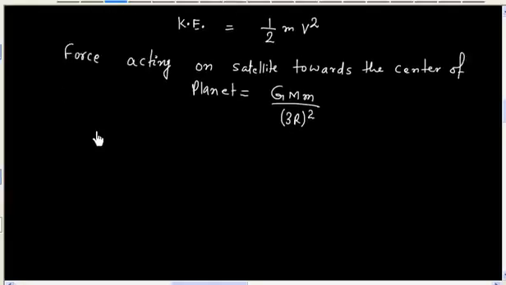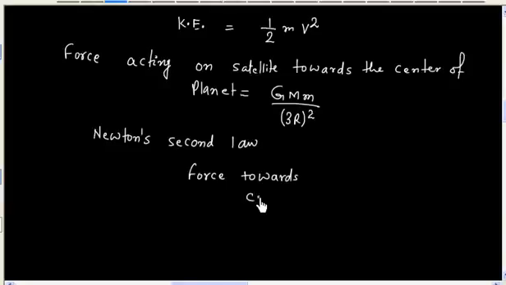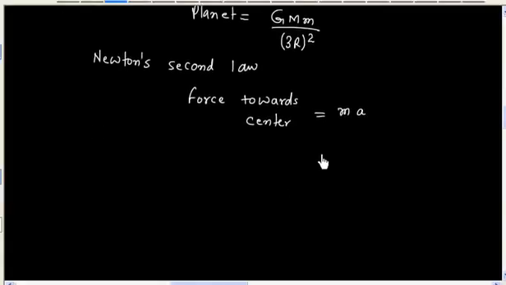Now we can apply Newton's second law. That is, force towards center is equal to mass into acceleration. In circular motion, acceleration is v square by r.